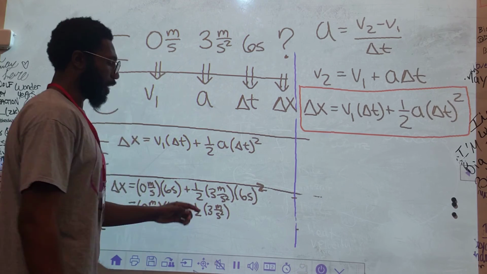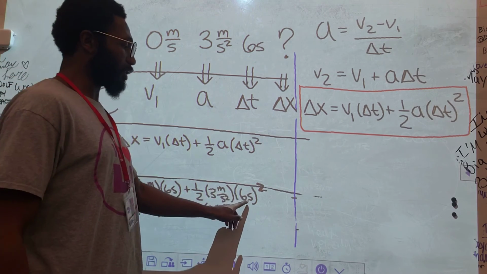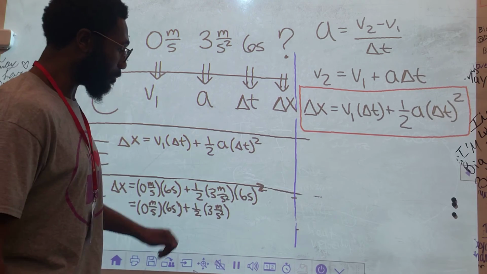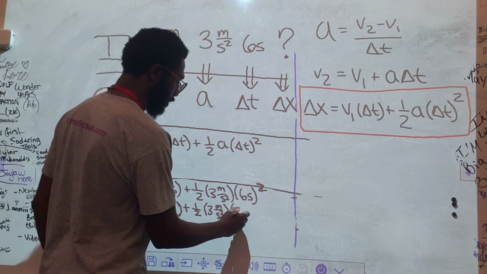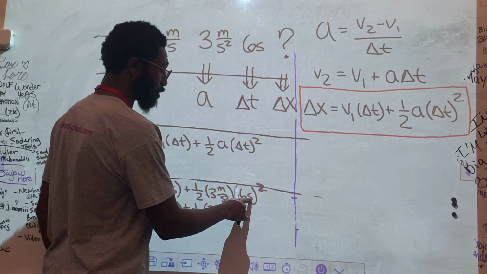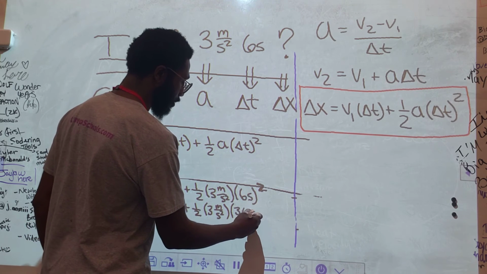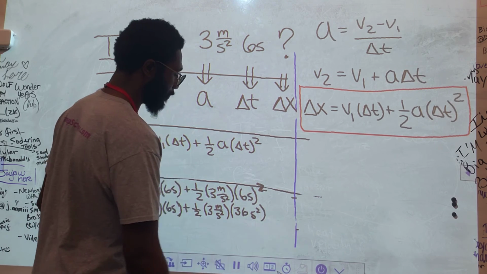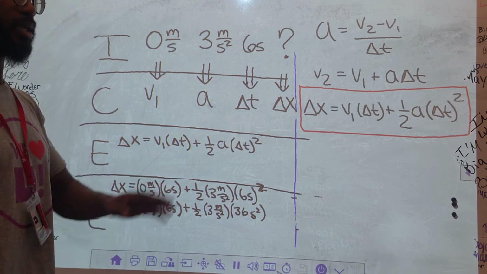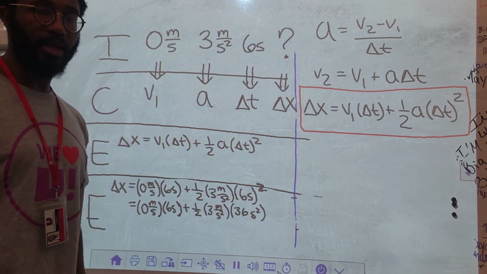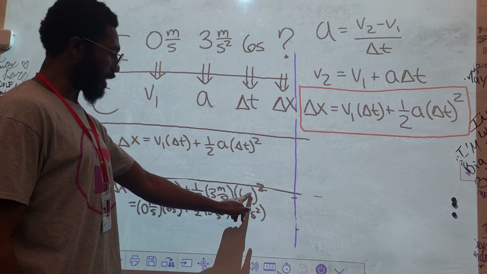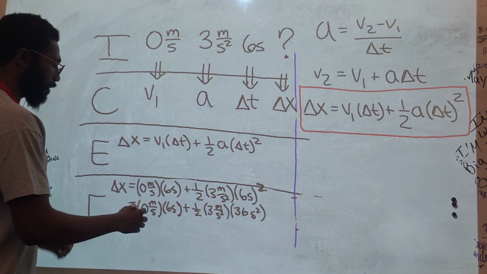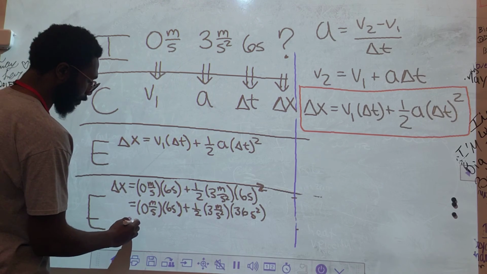All right, now when we do this exponent, we want to square everything in the parentheses. So that means 6 squared is 36. And then we also do s squared, which is just going to be s squared. But you have to square everything in the parentheses. So the 6 gets squared and the s gets squared. Okay? So now we can move on to the next step.